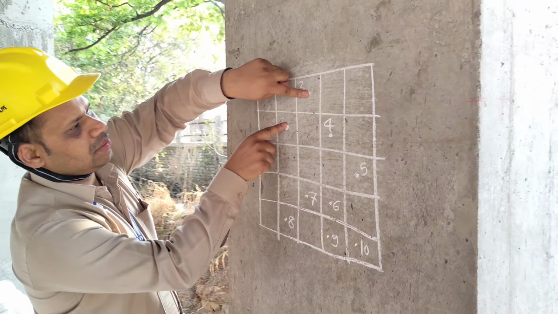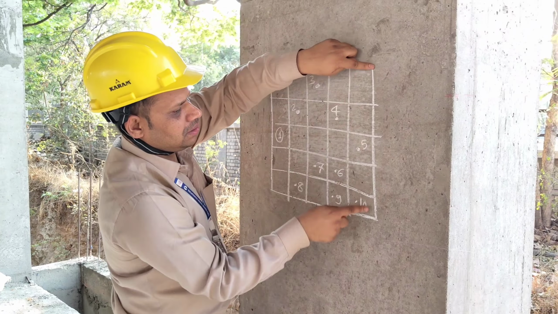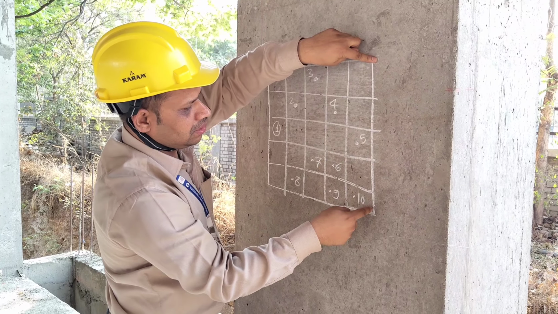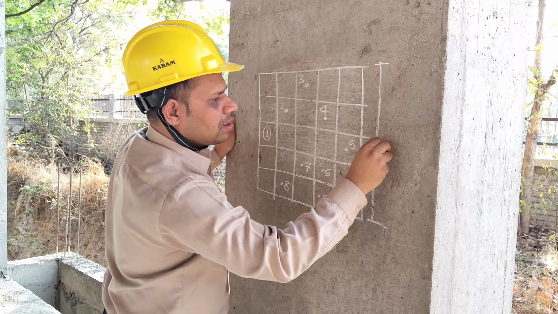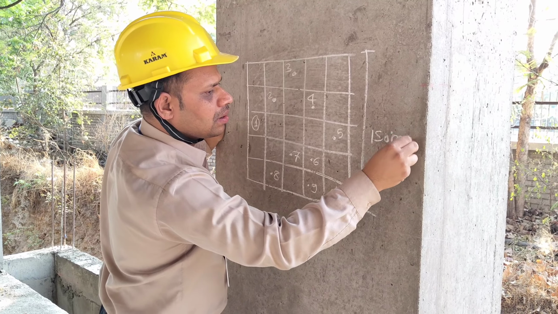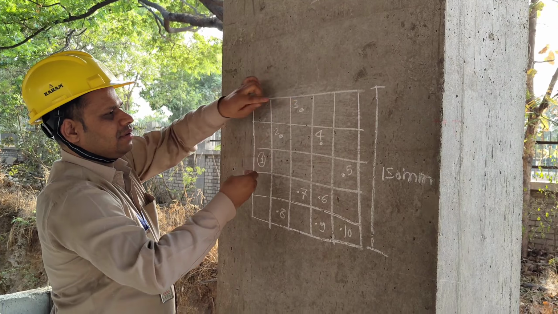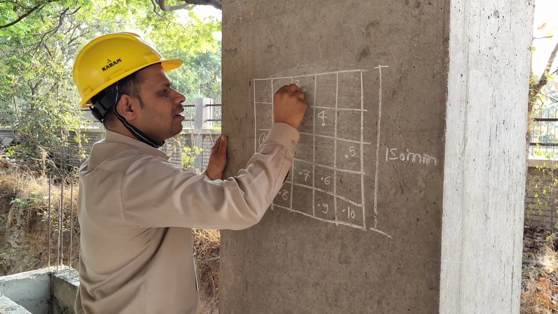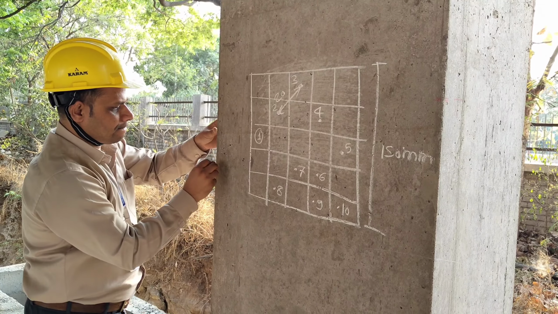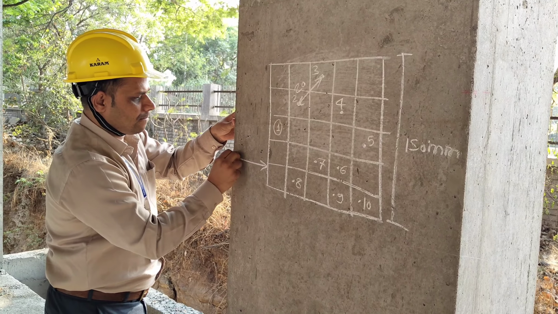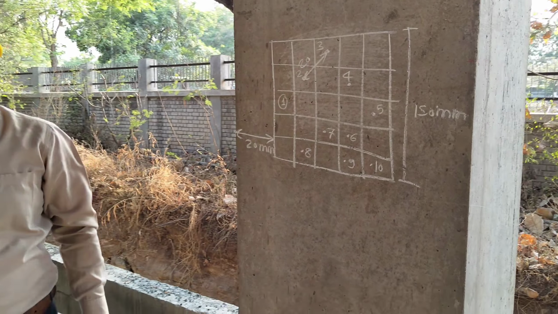You can take 50 mm also. The distance between two impact points should be 20 mm minimum, and the diameter of the impact area should be 150 mm. You can see the distance between two impact points is 20 mm, the minimum distance according to the IS code, and from the edge or discontinuity the distance is 20 mm.